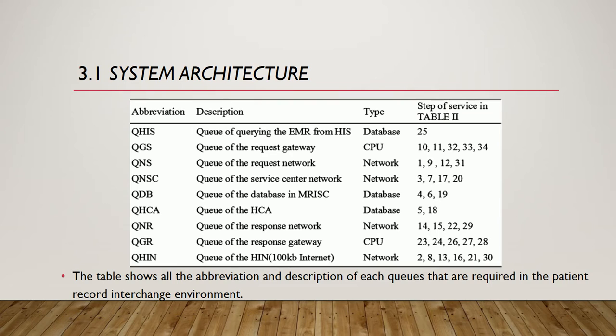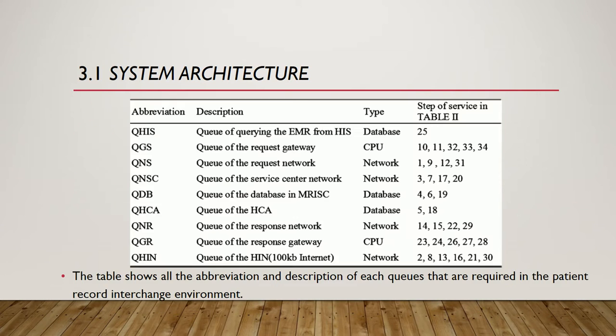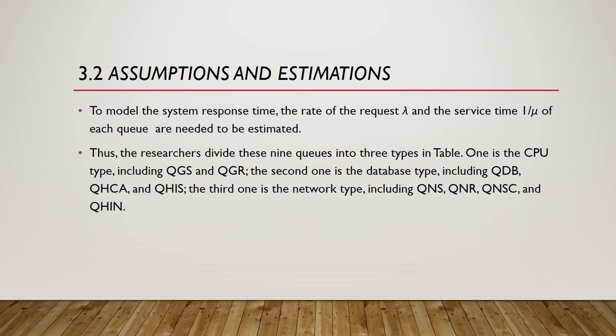Here's the table. It shows all the abbreviations and descriptions of each queue shown in this figure. The next part is about the assumptions and the estimations.